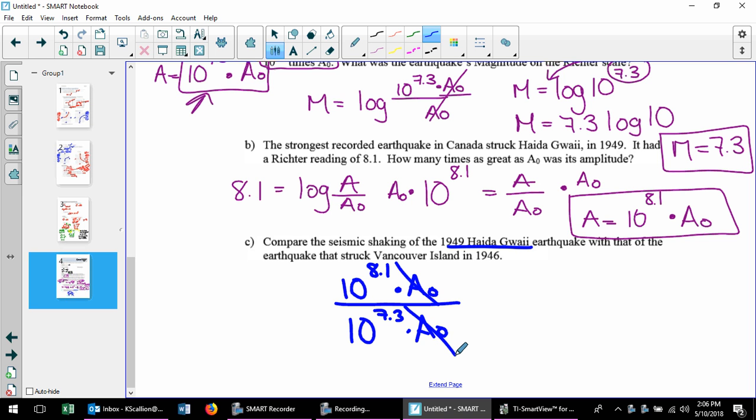Okay, so now we've got 10 to the exponent 8.1 over 10 to the exponent 7.3. Let's pull out some grade 9 math skills. We have the same base, so we keep the base. What do we do with the exponents? Subtract them, so what are you going to get? 0.8.